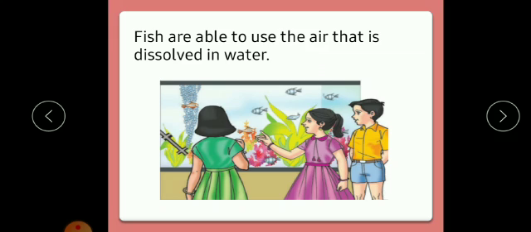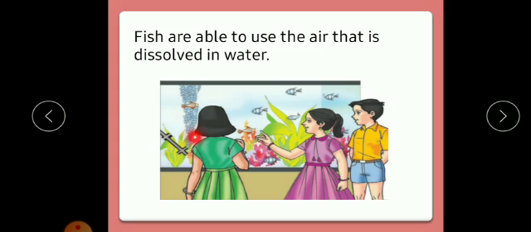As a result, the amount of air dissolved in the water can get reduced. If all the air was used up, the fish would die. Therefore, more air is continuously added to the water in the aquarium.